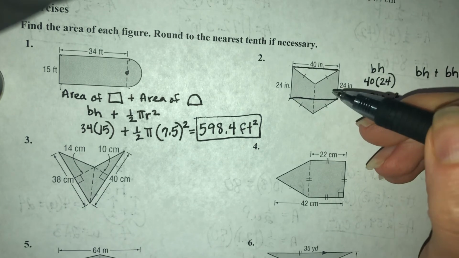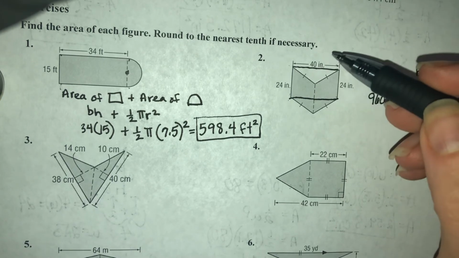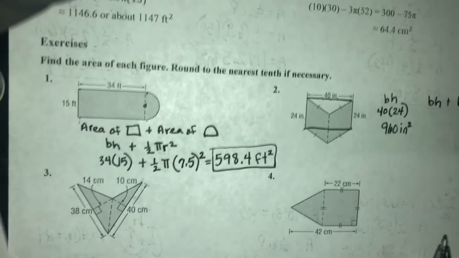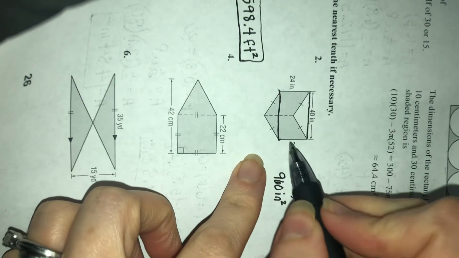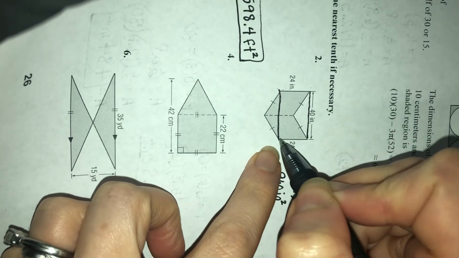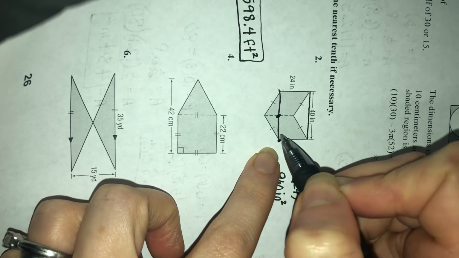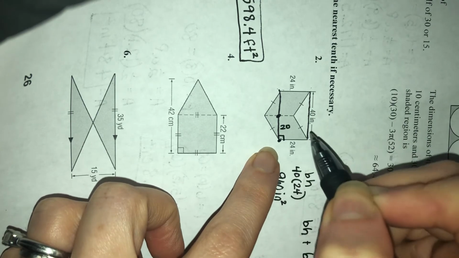Now, remember the height has to be perpendicular to the base for a parallelogram. So let's say that if I turn my paper sideways, the base is 24. The height would have to be the distance from the vertex to the top at a 90-degree angle, which would be half of 40, which would be 20.